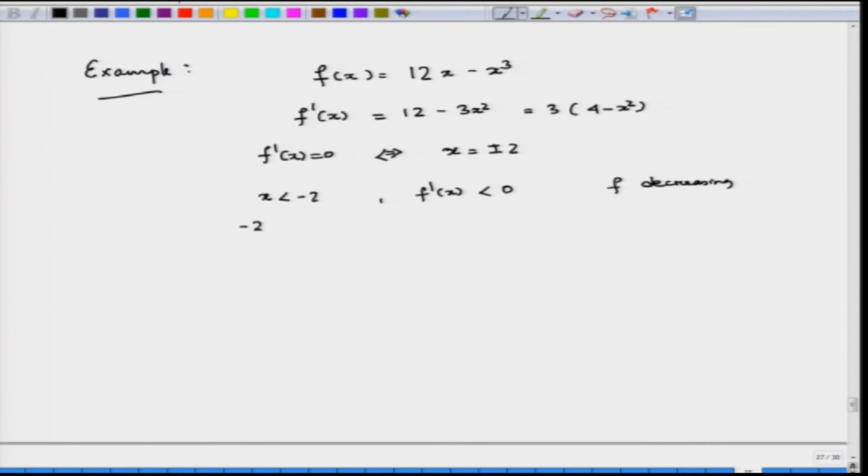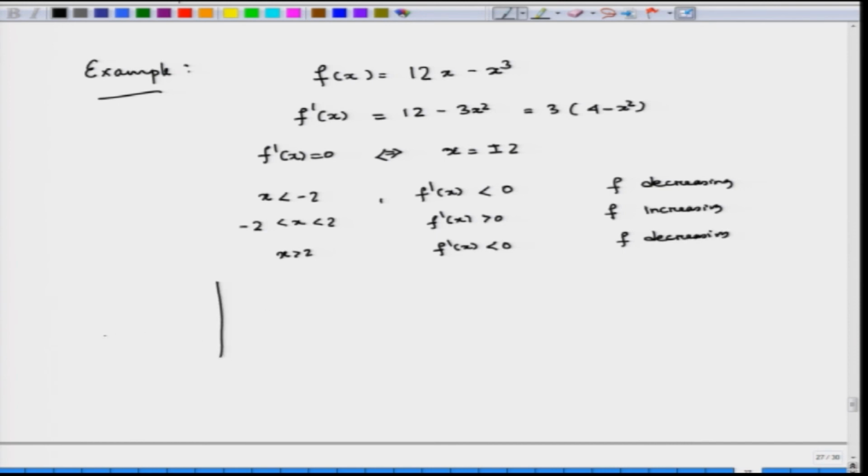And if minus 2 is less than x less than 2, then f prime of x is definitely positive, because x square will be less than 4. So, f is increasing. And if x is greater than 2, f prime again is less than 0, f is decreasing.